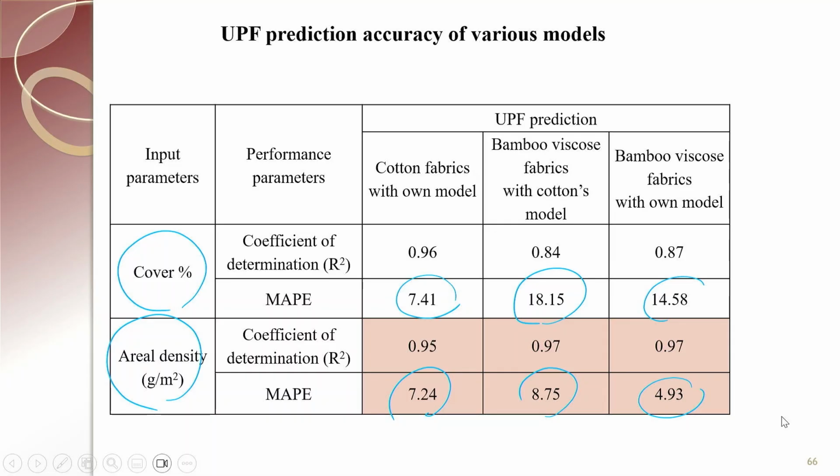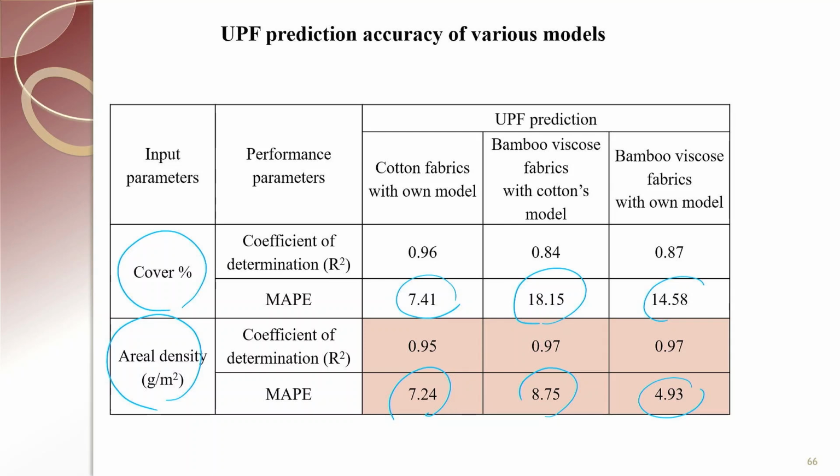So, the thing which we have concluded is that we cannot interchange the model. We cannot use the cotton model to predict the bamboo viscose, because their characteristics are different. For bamboo viscose, the total structural characteristics change.